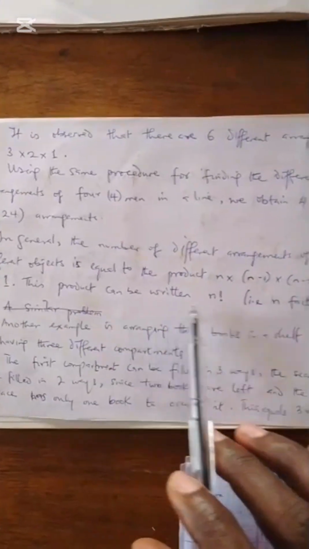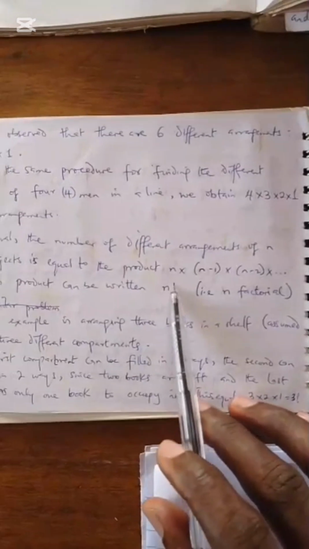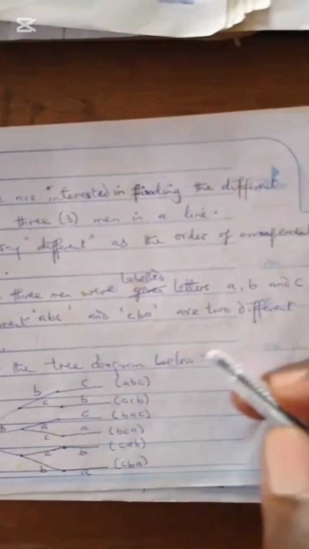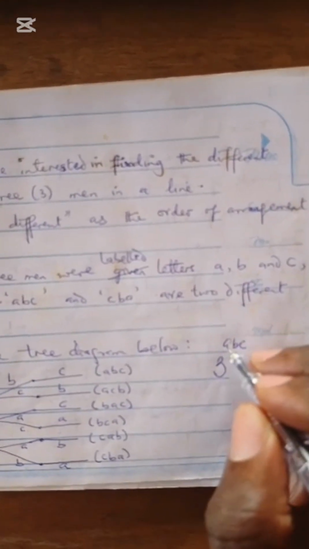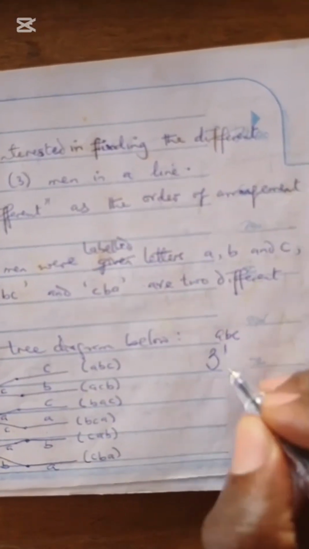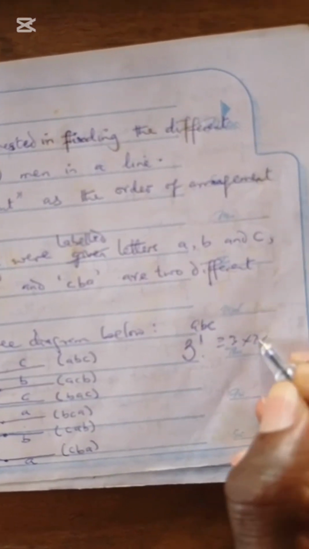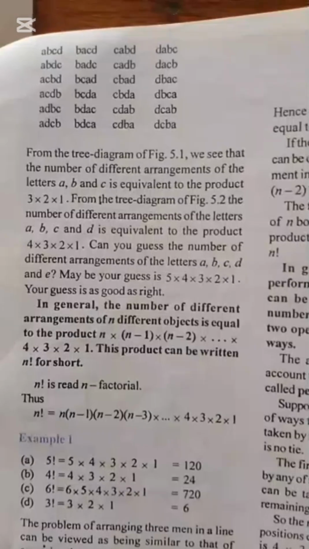This product can be written as n factorial. This exclamation mark is called factorial. Applying it to A, B, C, there are 3 letters, so the number of ways these 3 letters can be arranged is 3 factorial. That's 3 times 2 times 1, and that's 6.